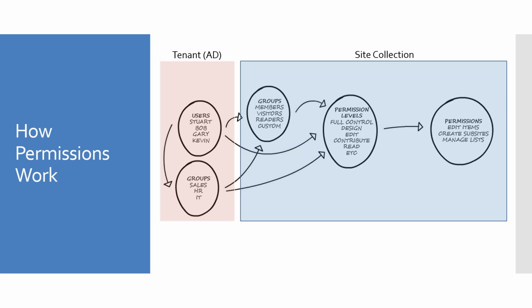So they can be created at that level by users and managed by administrators, or we can also create them actually in Azure AD as well. And ideally they should reflect our departmental structure or team structure, so that we can go and grant permissions using these groups. Now you don't have to use them to grant permissions, but we'll talk about some pros and cons with using the Azure AD groups versus the SharePoint groups in a moment.